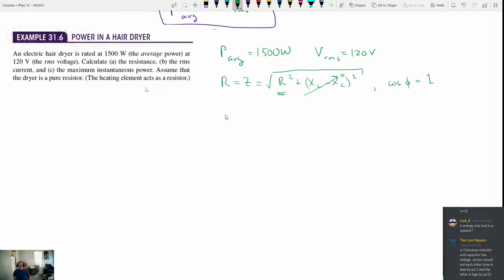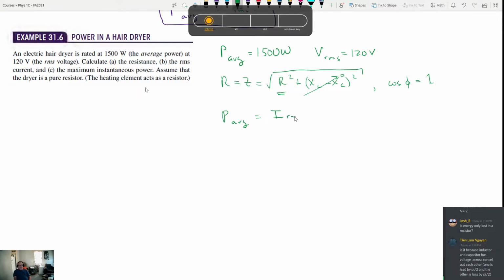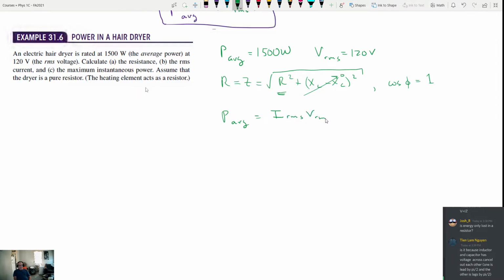And we can use power average equal to I RMS times V RMS times the cosine of phi. But if this is 1, then we're just going to take power average, divide by V RMS, and that should give us I RMS. So we're technically solving part B first, but I think it makes sense to do this.